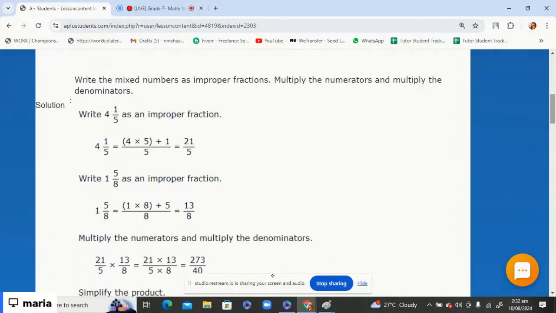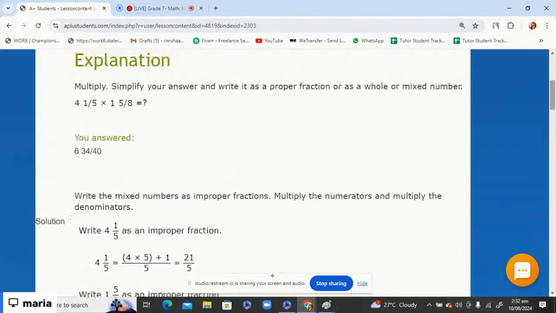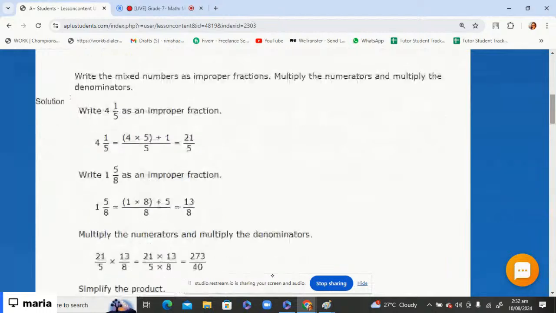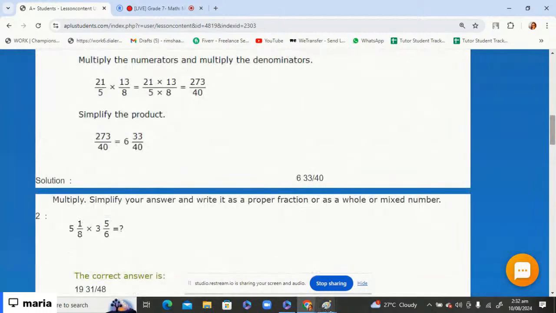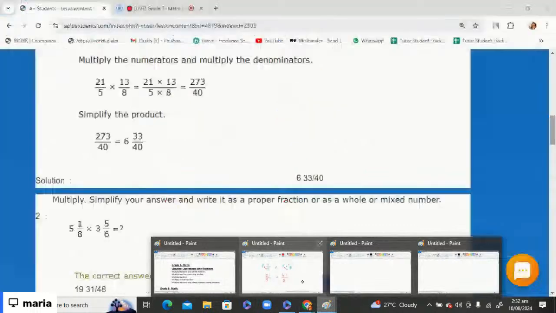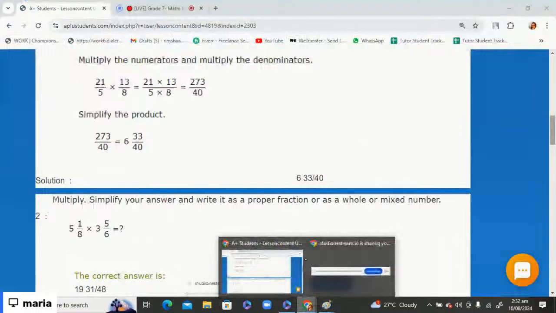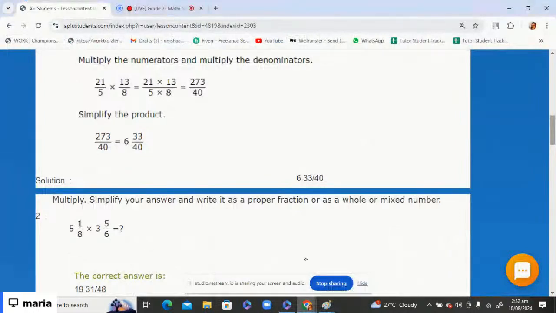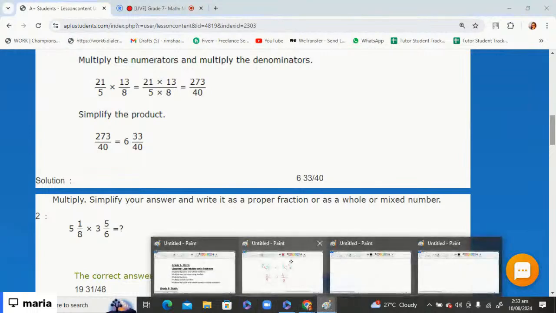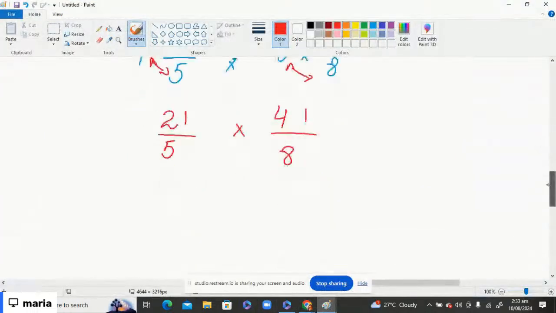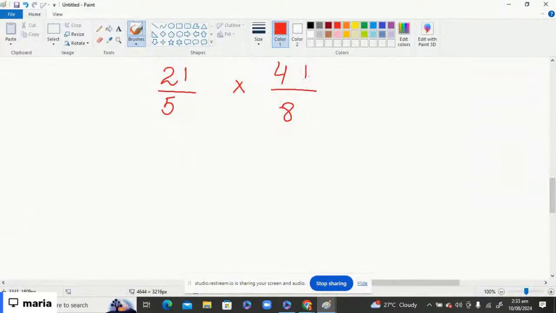Now we are going to multiply. Okay, let's do it. So 21 times 41. Just simply multiplication, 21 times 41.